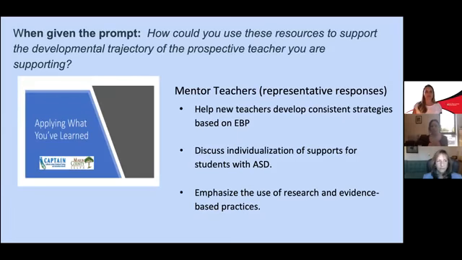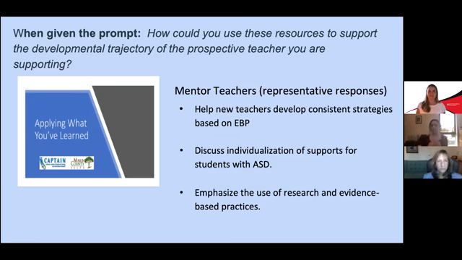Our next prompt, we wanted the mentor teachers to focus in more on thinking about the developmental trajectory of a beginning teacher. So perhaps there are some evidence-based practices that may be more feasible in your first semester of student teaching compared to your first year of beginning teaching.